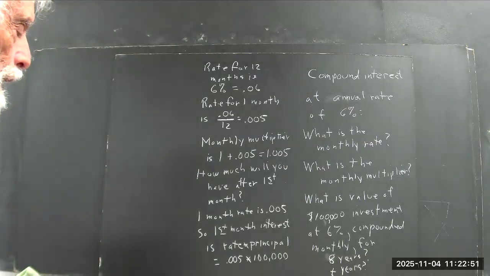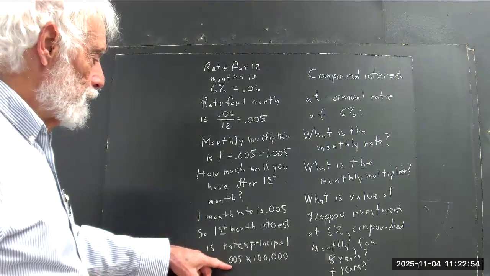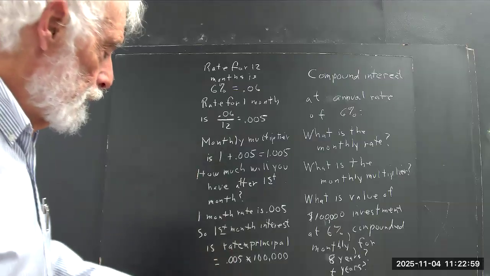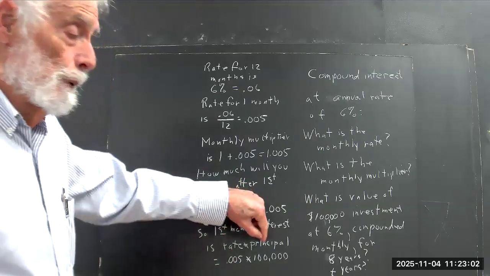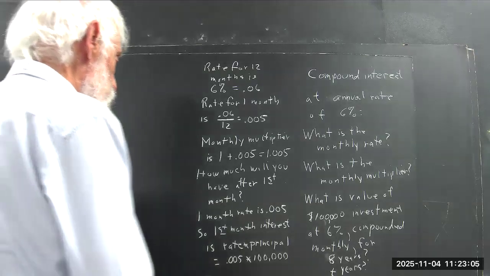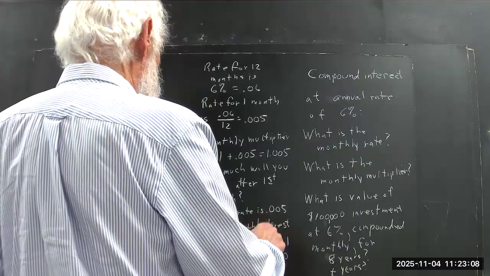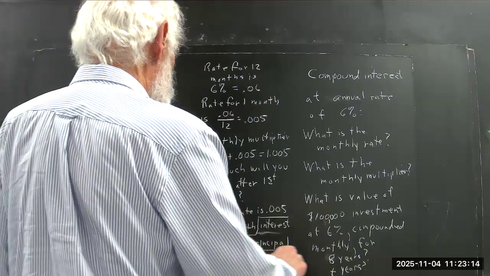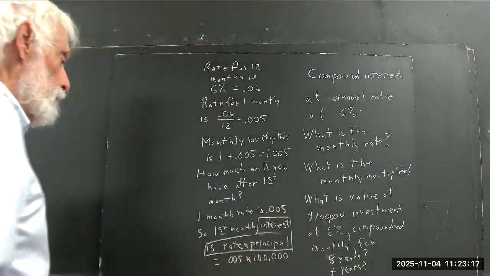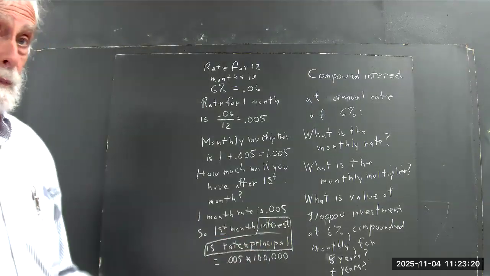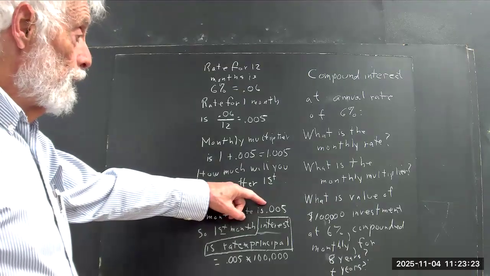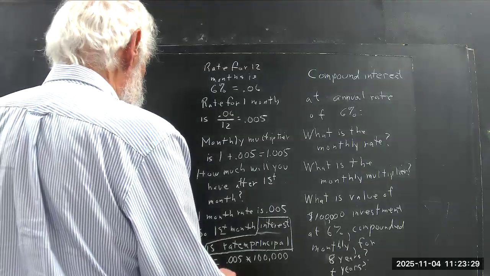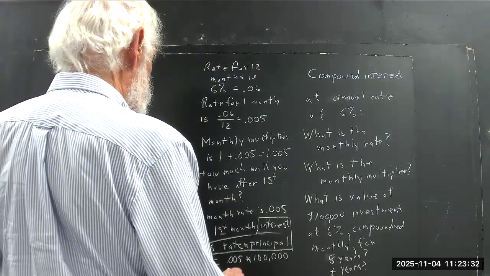Now, one answer I got, how do you do that? Well, you take this number and you move the decimal a bunch of places. Well, that's right, but you want to see that you're multiplying the rate times the principal. That's a fundamental thing you need to understand about interest. Whatever your rate is, you multiply it by how much money you have invested. And that equals what?